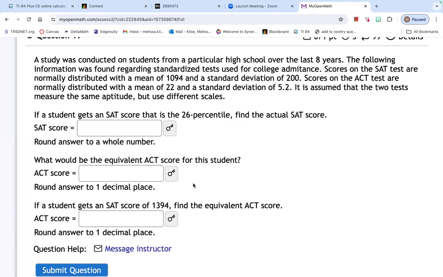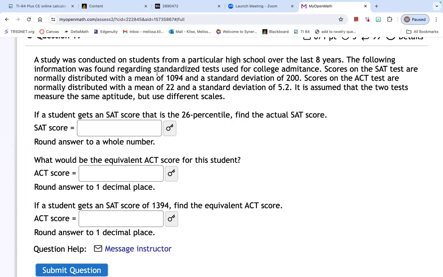So it gives us the mean and the standard deviation of both the SAT and the ACT. What it wants to know is the SAT score at the 26th percentile. That's pretty simple. Just use inverse norm, correct? I'm hoping that you guys can do that pretty simply, right? So just use inverse norm with the SAT things right here.